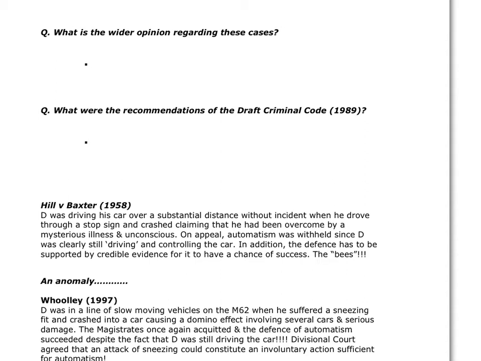So it failed for two reasons. Number 1, he had some control, and more to the point, number 2, you've got to name the condition and have medical evidence to support that. Then obiter, in this case, this is where the famous bees quote came from. And actually it's the most famous quote ever of automatism, the bees.